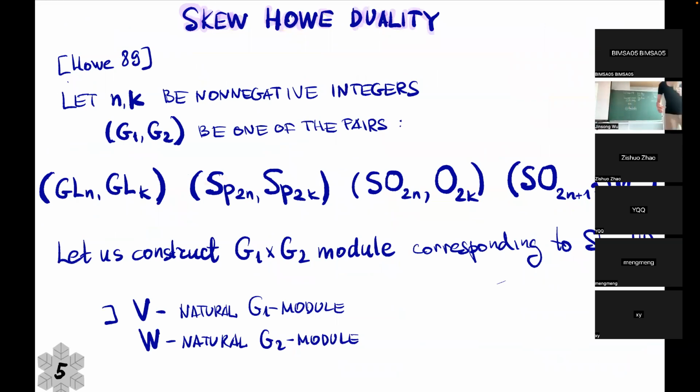Okay. Why have we come to such a problem? At first, we have been studying tensor product decompositions of certain modules, where we decompose the tensor power as a sum over lambda with multiplicities.